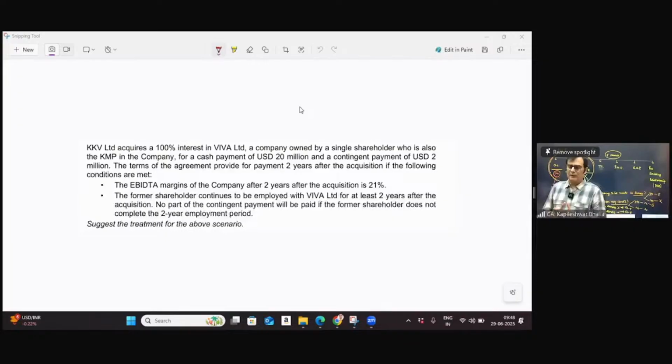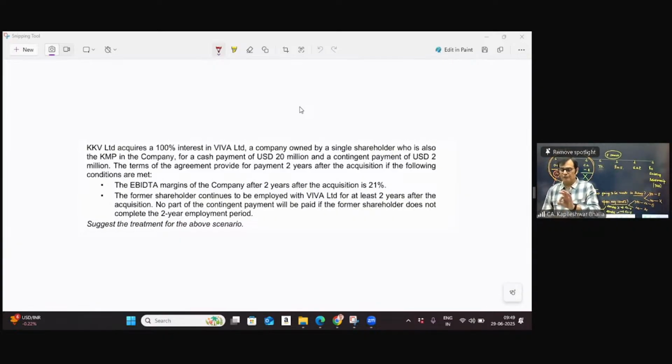It says KKV acquires a 100% stake in Viva, a company owned by a single shareholder who is also the KMP in the company. So can I say the shareholder is the employee of the acquiree as well? Yes. He is the shareholder cum employee of the acquiree company, correct? Yes, sir. Absolutely.